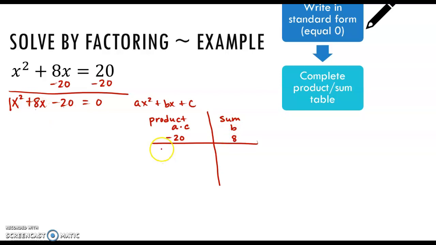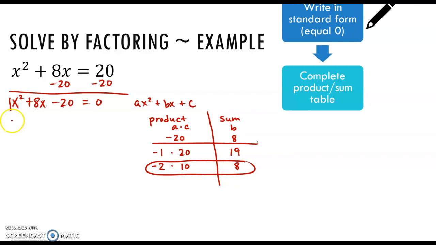And we go through all the numbers we can think of that have a product of negative 20. So like negative 1 times 20. But those two numbers have a sum of 19, so that's not going to work. So another option is negative 2 times 10. Those two numbers have a sum of 8, so that is what we'll use.